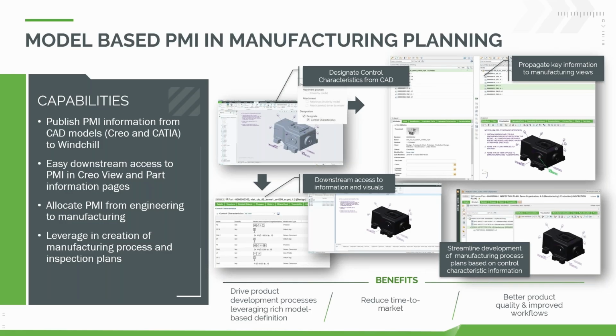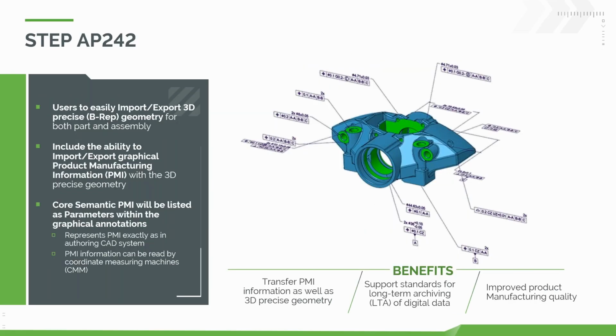Next slide, Ben. In terms of how we send this information out, Ben talked about the annotated Creo model. You can save a Creo View file if you're not using Windchill. You can just save a Creo View PVZ file out, which can have all those annotations and can be viewed inside Creo View Express. We've got companies doing that with their suppliers. Obviously in Windchill we talked about that. One of the big things is STEP AP242.